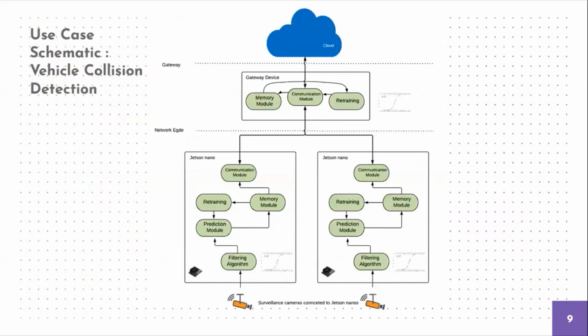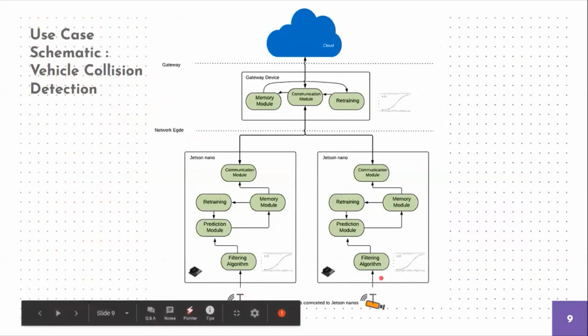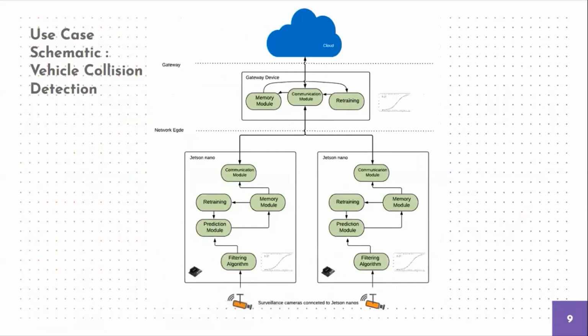For our use case, our use case is vehicle collision detection. Our sensors in this case are video surveillance cameras, which send streams of frames to the network edge devices.